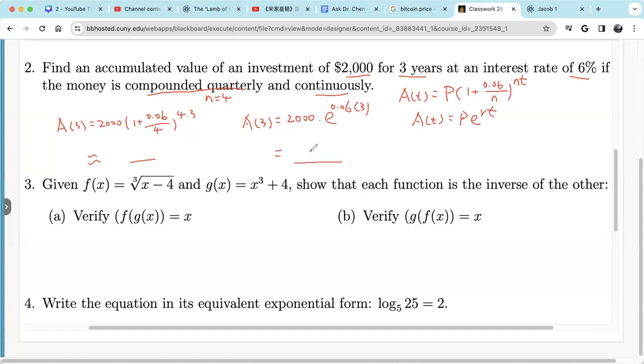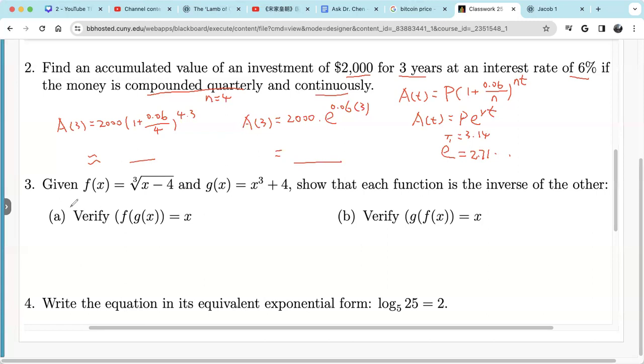Also, we need to use the calculator. The calculator has E to represent this number. So E is just like pi. Pi we know is an irrational number, 3.14. E is the same thing, it's 2.71, an irrational number.